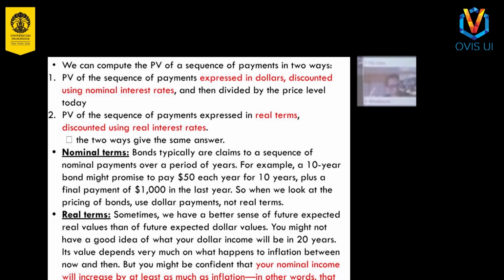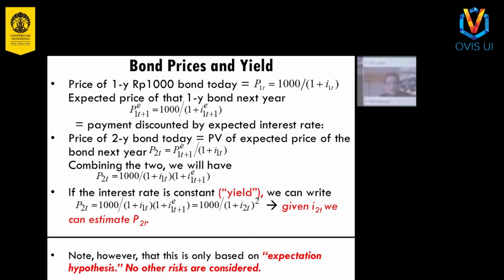That's why you have two types of interest rate: the nominal interest rate and the real interest rate. Depending on your activity, if you're doing some financial transaction, you tend to use the nominal interest rate. But if you are dealing with long-term investment, then you tend to use the real interest rate. Those are just two types of calculations that market players usually use.